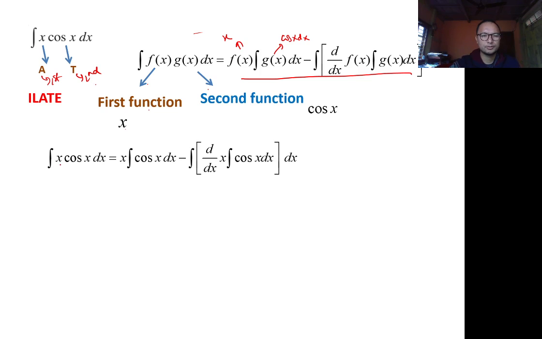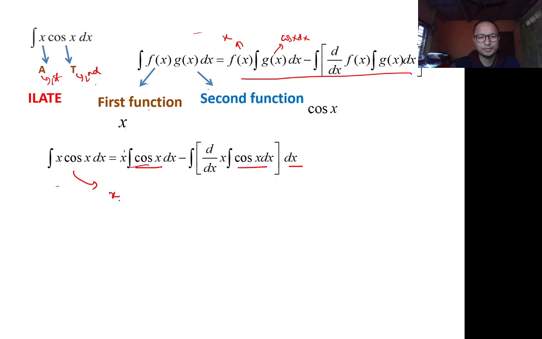Then you apply this: the first function times the integration of the second function, minus the integration of the derivative of the first function times the integration of the second function, and then the whole integrated with respect to x. Okay, right? Let me write it down.